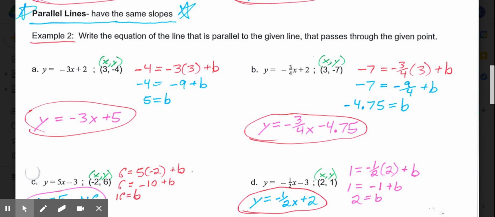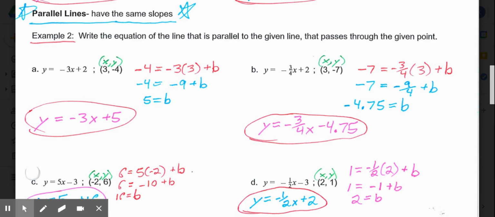Sounds complex, but really it's the exact same process as what we just did in the other 4 examples, other than we need to take our slope from an equation rather than it just being given to us.